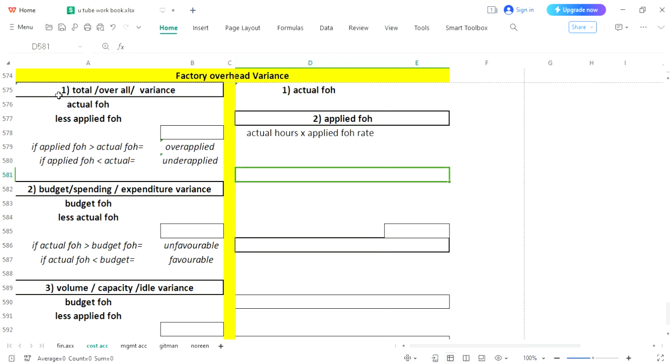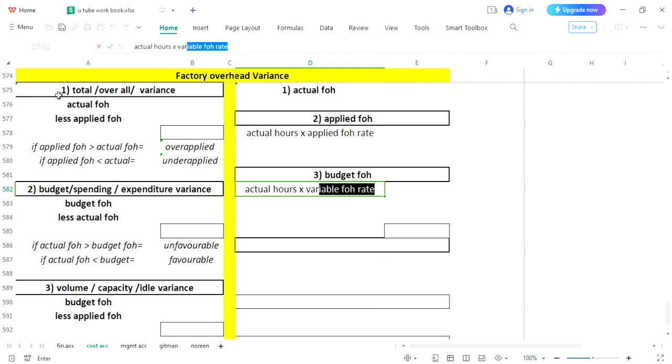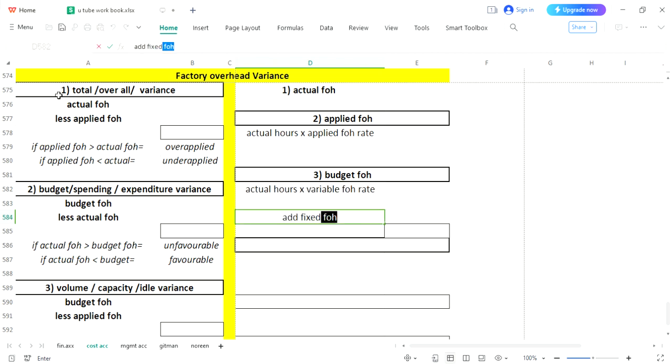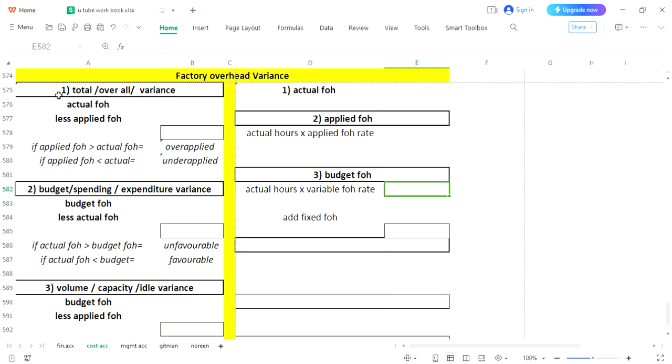Then we have third, budget FOH, which has a two line formula. The first line would include actual hours multiplied by variable FOH rate, and in the third line you will add fixed FOH. First line answer over here, second line answer over here, and then you will sum up both answers to get your budget FOH. Then we need fixed FOH rate and applied FOH rate.